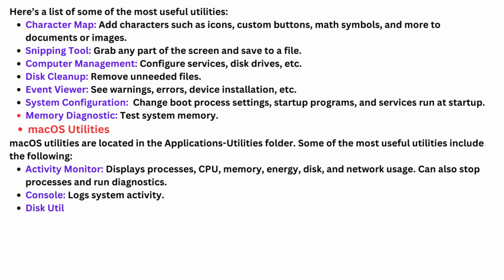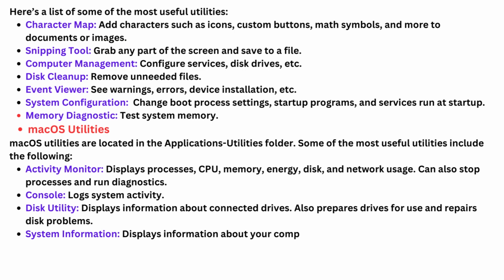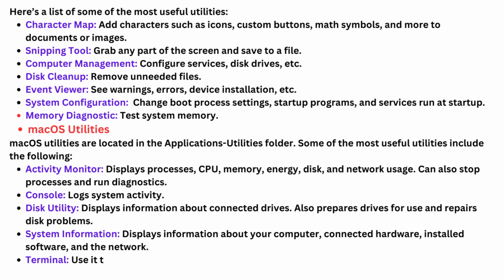Console logs system activity. Disk Utility displays information about connected drives. It also prepares drives for use and repairs disk problems. System Information displays information about your computer, connected hardware, installed software, and the network. Terminal, use it to run command line utilities.